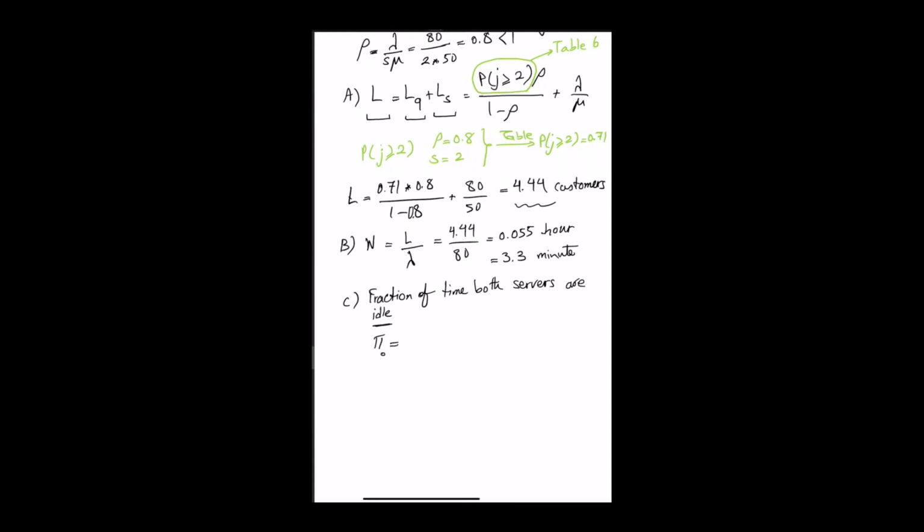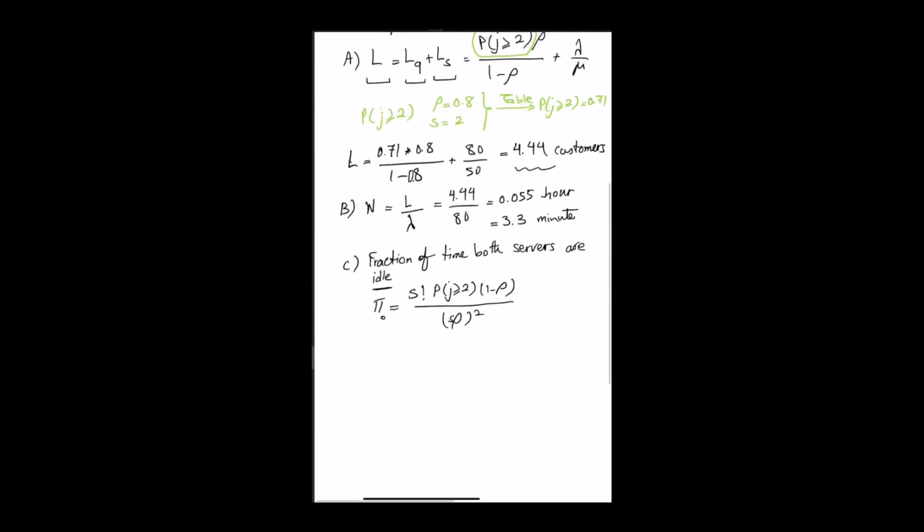And the formula for pi 0, as we showed in the previous session, is s factorial, probability of j greater than or equal to 2, over 1 minus rho, s rho to the power of 2. So s here is 2 factorial.